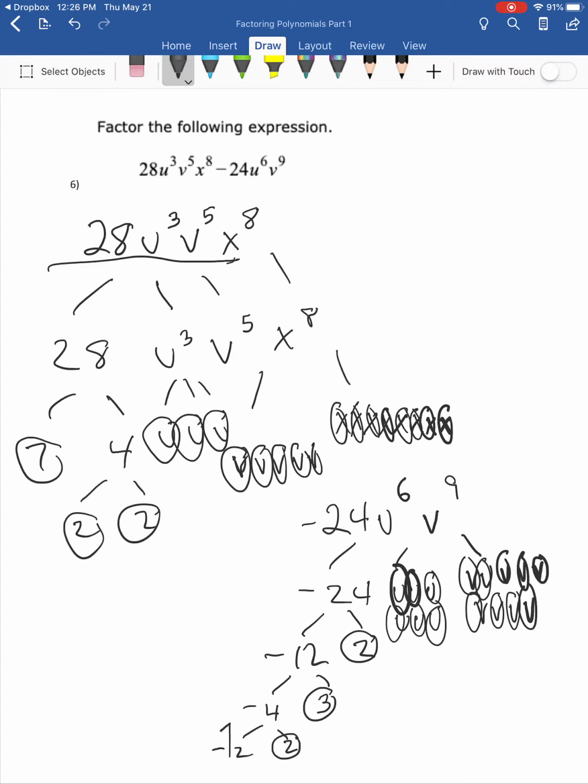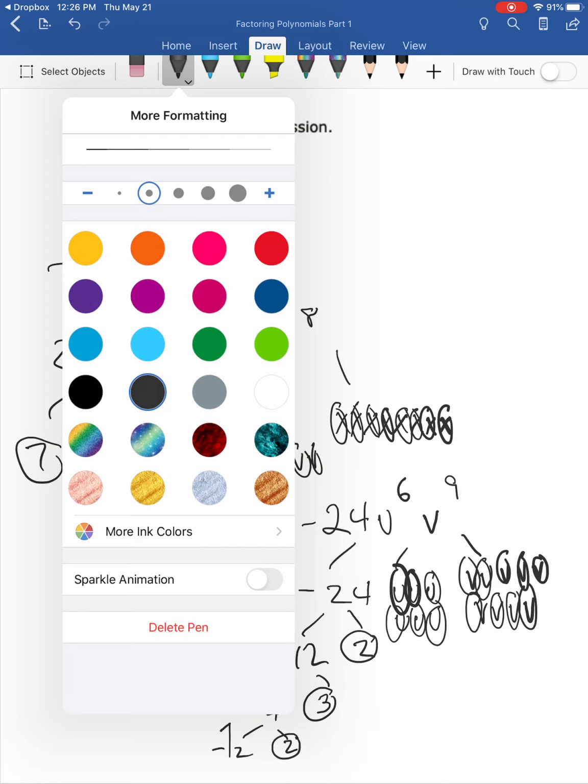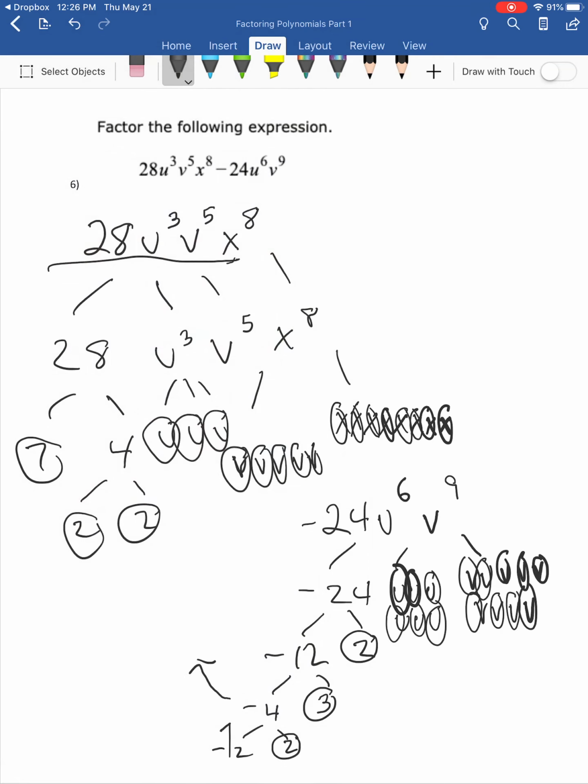Let's continue over here. Sorry, iPad trouble. I can do the negative 4 over here. Okay, negative 2, 2 is a prime. I'm going to go negative 1 and 2. Those are both primes. Remember, if you have a negative, write it as negative 1 times whatever.